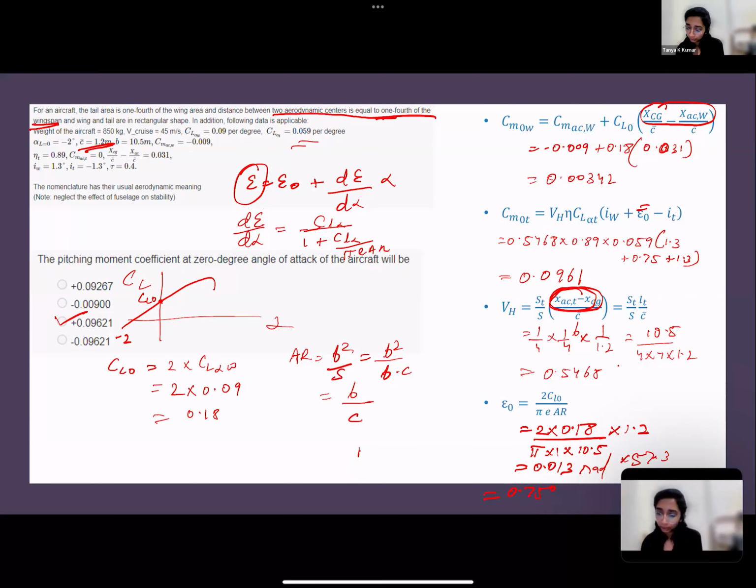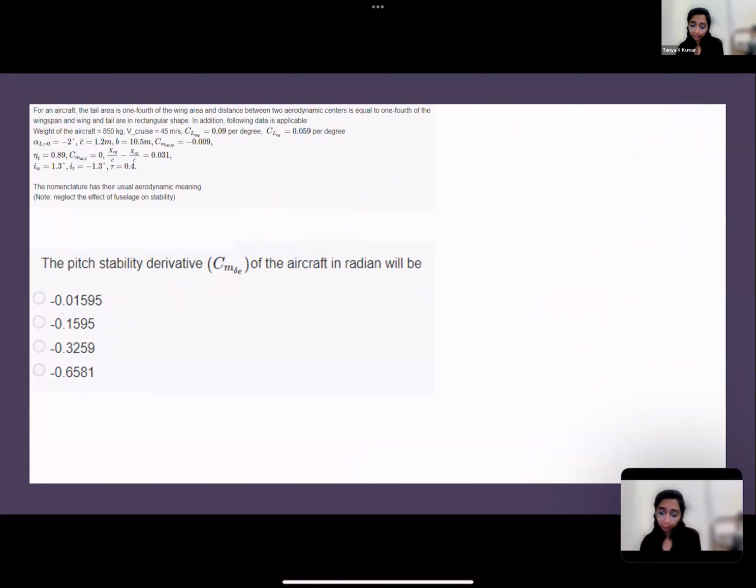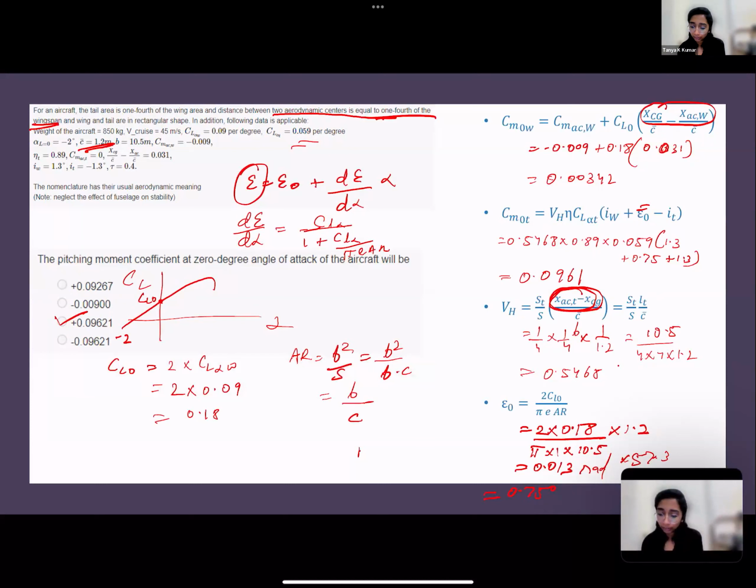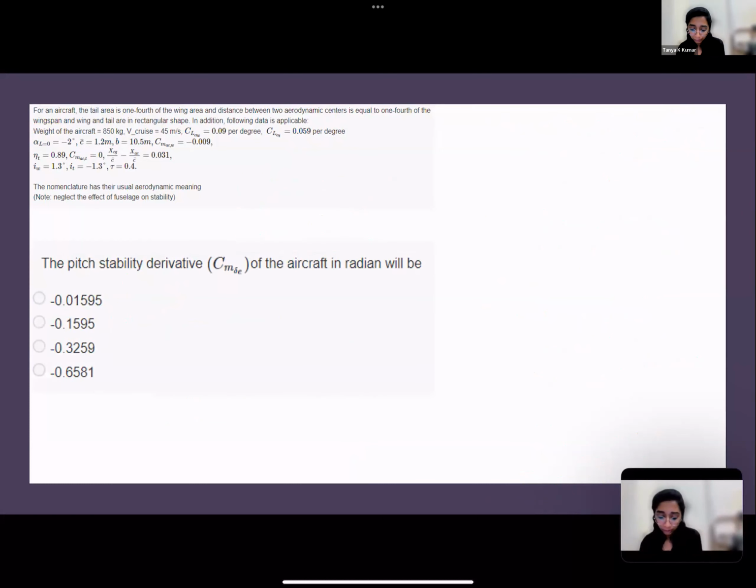Okay. Next, the pitch stability derivative, Cm delta E, of the aircraft in radians. Please remember that this equation will always give you value in radians. How do you go about doing this? There's a direct formula for pitch stability derivative.